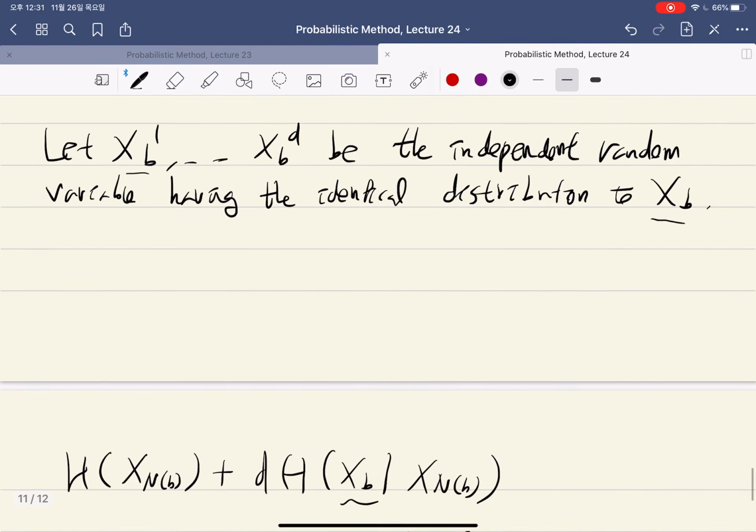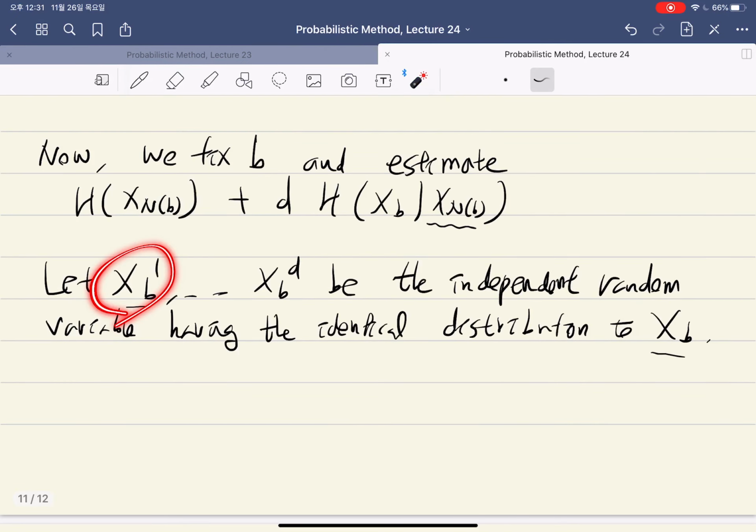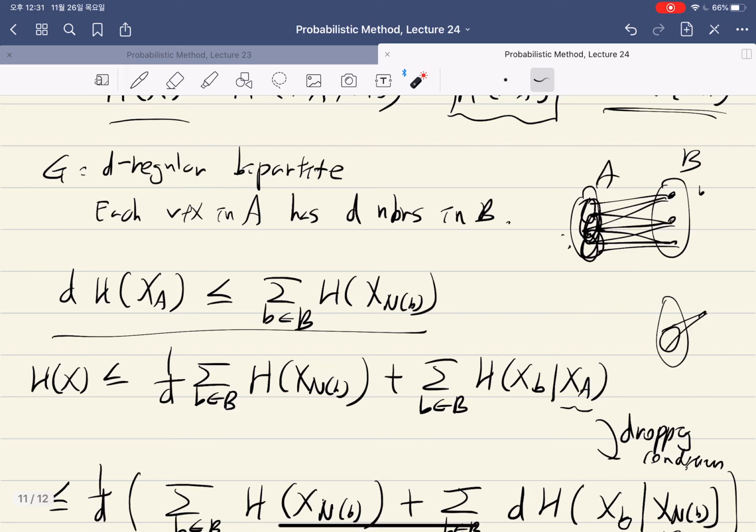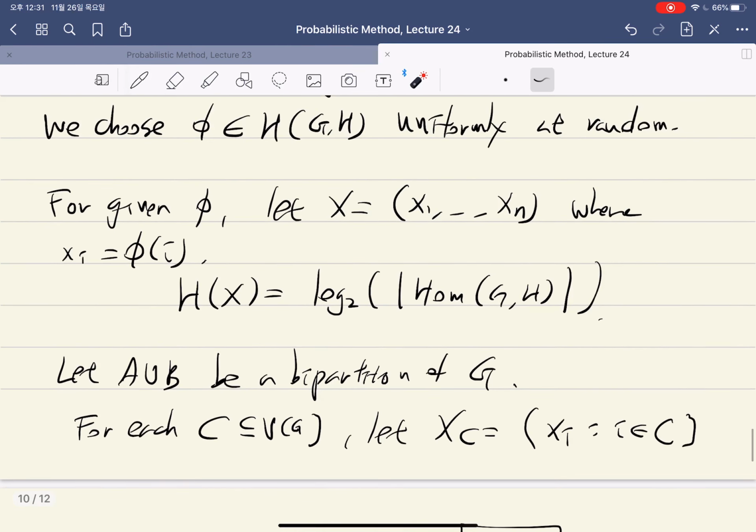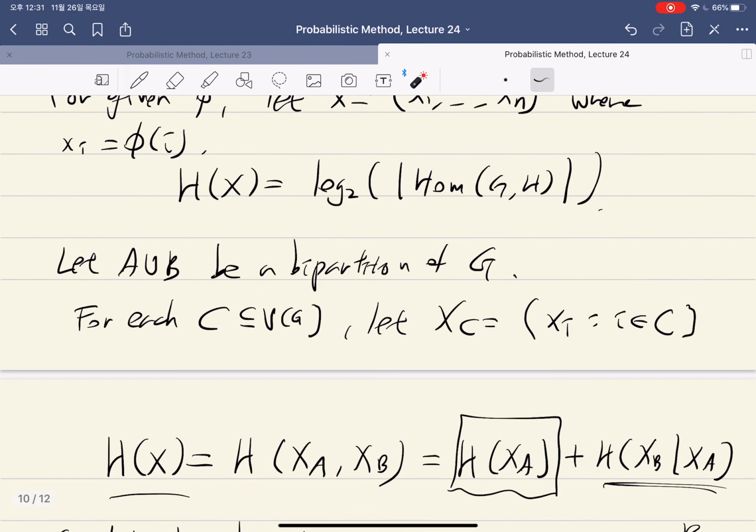So what I said before is wrong in a sense that this is also dependent on, how do I say it in a more rigorous way?